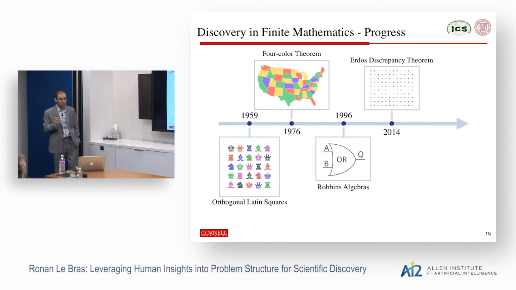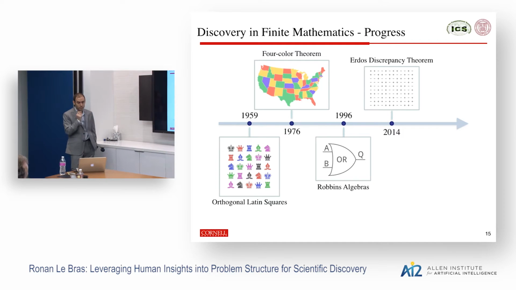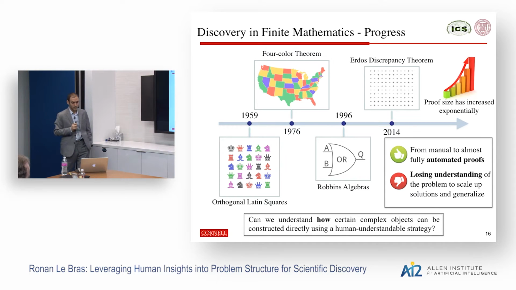Still, there have been some success stories of automated reasoning. For example, the existence of orthogonal Latin squares, the proof that the four-color theorem is true, the proof that Robbins algebras are in fact Boolean algebras, and more recently the proof of a particular case of the Erdős conjecture in discrepancy theory. And yet there are only a few success stories like this.